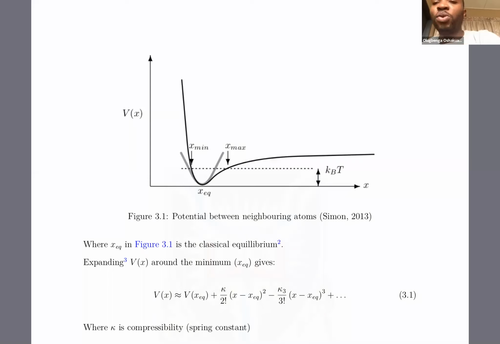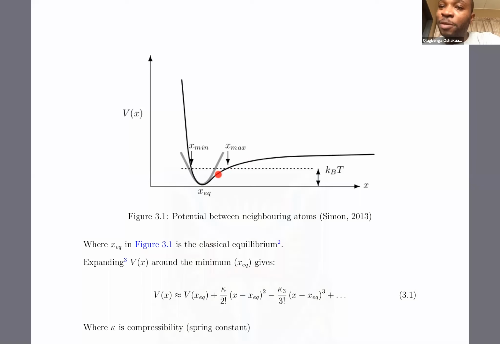And what it's saying is that the x-axis here is telling us the distance between neighboring atoms. So when we have two atoms and we are bringing them close together, the potential, as you can see, will be reducing.